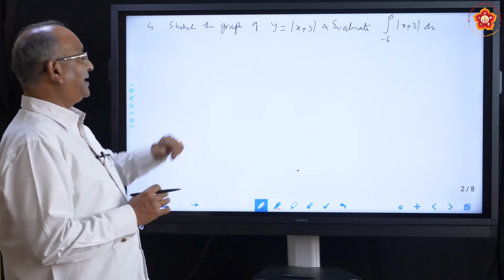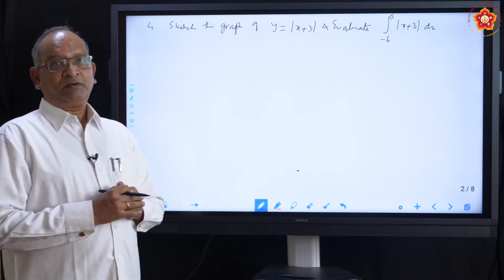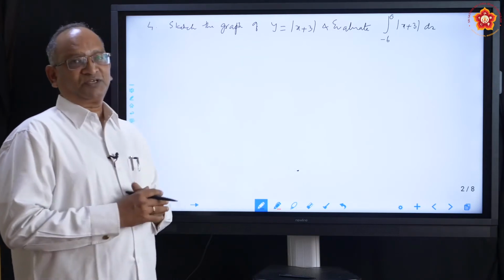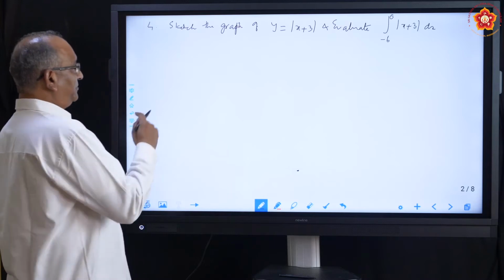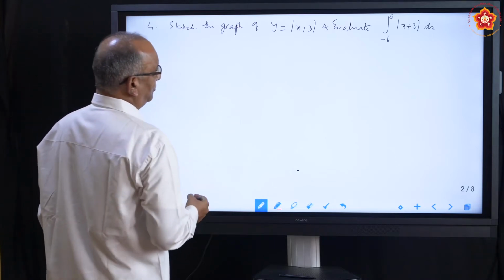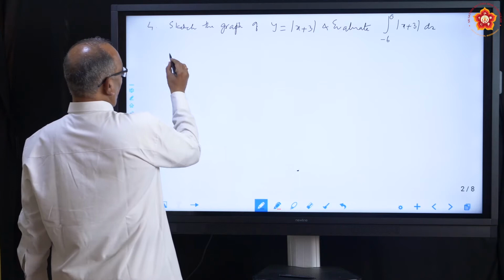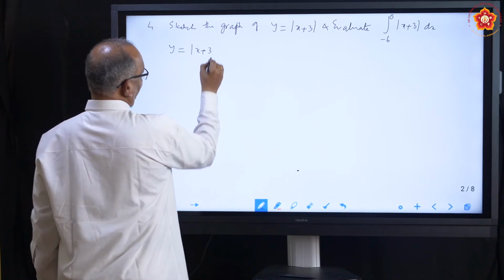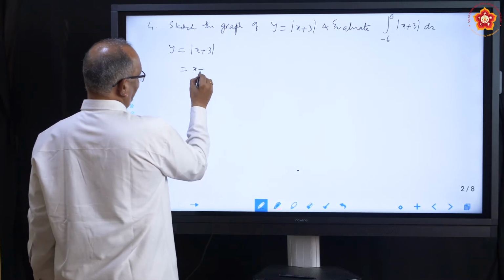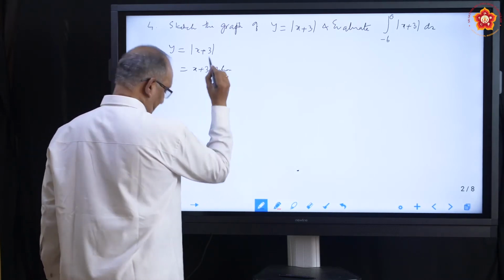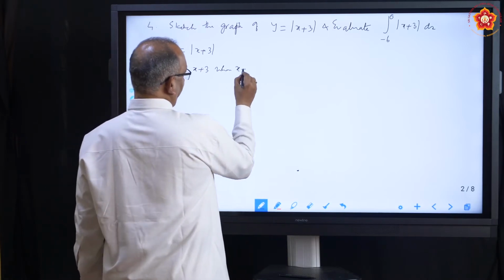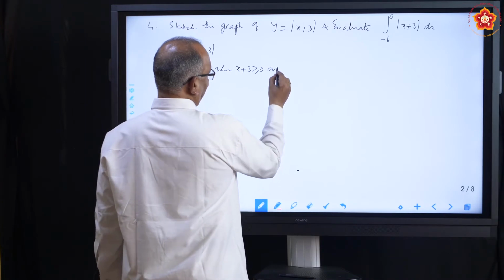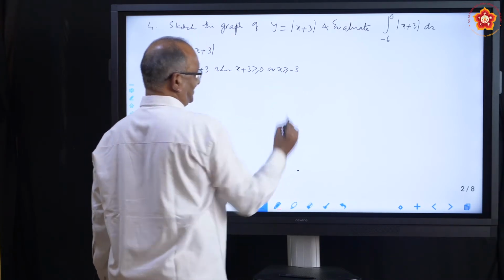Yes, take up the fourth problem. It is different from the problems which we have solved, because of the modulus function. So how do we define the modulus function? Before you go and solve the problem, we say y is equal to modulus of x plus 3, which is equal to x plus 3 when x plus 3 is greater than or equal to 0, or x is greater than or equal to minus 3.